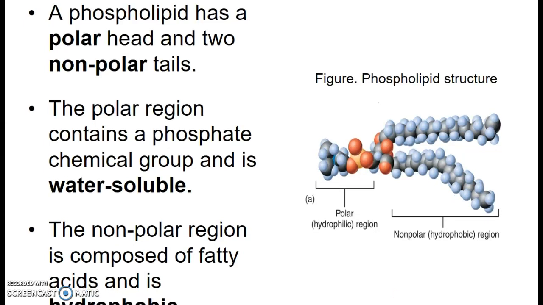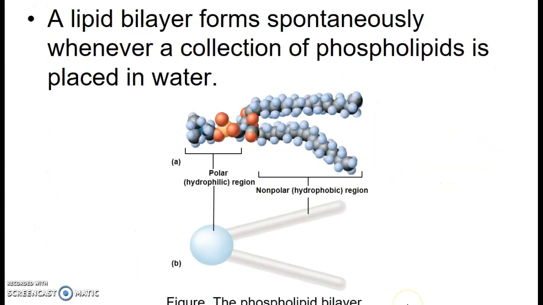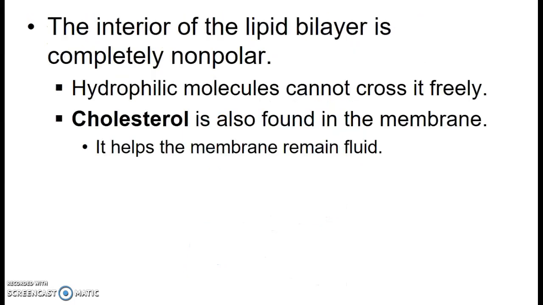And so because of this structure of the phospholipids, whenever there's a collection of phospholipids or whenever it's placed in water, they self-assemble into a phospholipid bilayer. So the interior part of the bilayer is completely hydrophobic or nonpolar, which makes it to where hydrophilic molecules cannot cross easily or freely across the cell membrane or the plasma membrane.